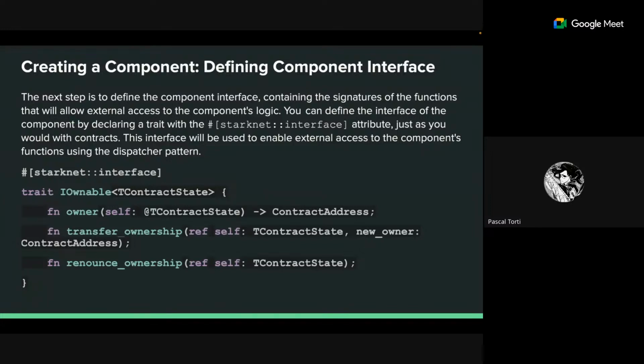Your component will implement this trait. Once you implement this trait, it will be embedded in your contract. Then your contract will expose these traits, so whatever your component implemented as an API is exposed using the embed attribute.